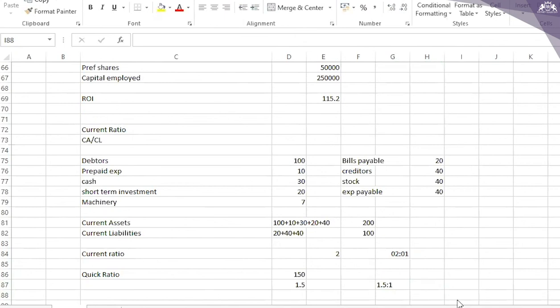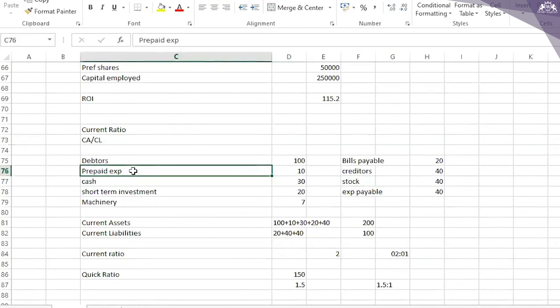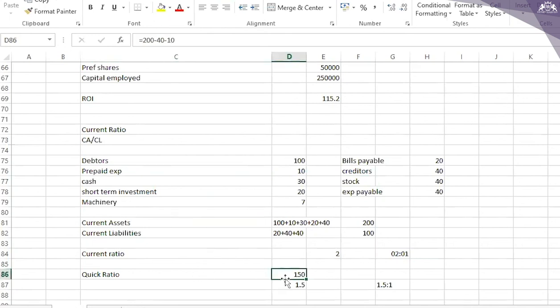That means my company is secure. That means I have twice the number of assets to cover my liabilities. Even if the assets are double, my quick assets, that means all the assets which can be converted into cash quickly, leaving aside stock, leaving aside prepaid expenses, I have 150 rupees in hand to pay off my liability of rupees 100, which is good.